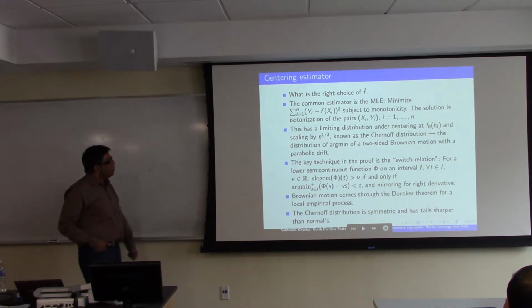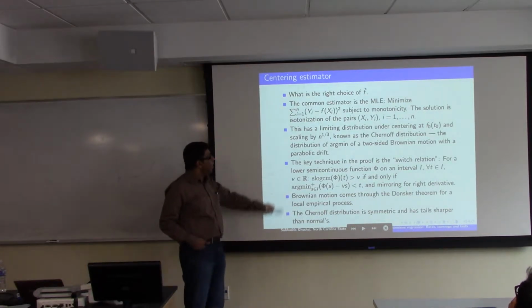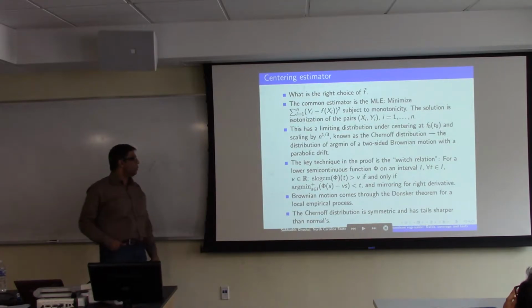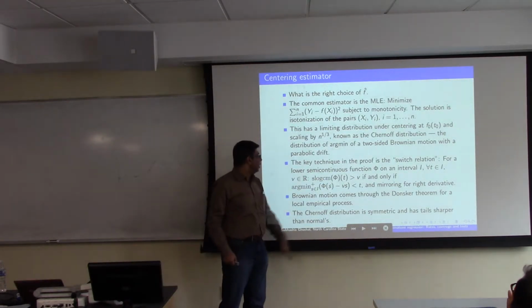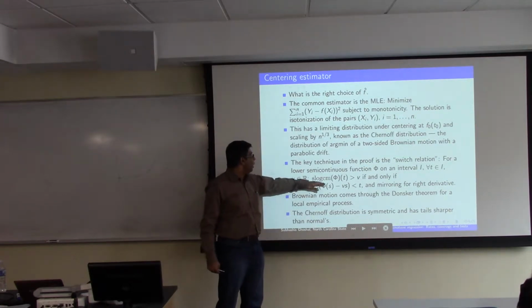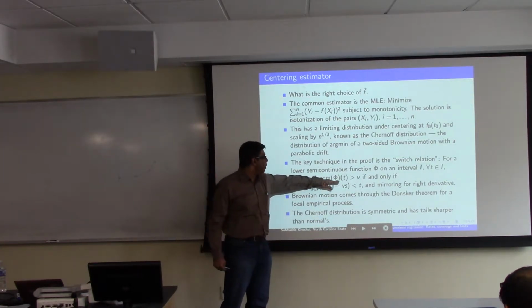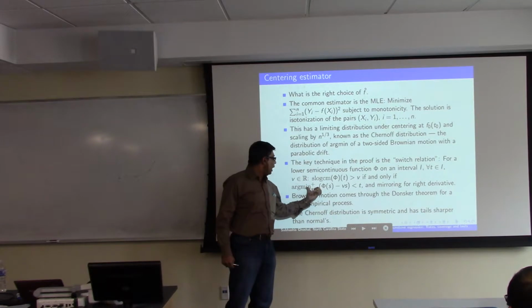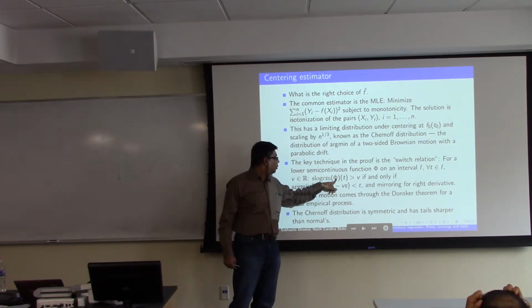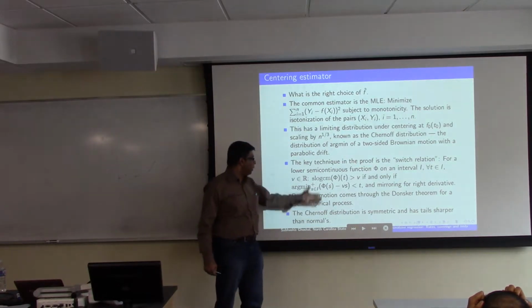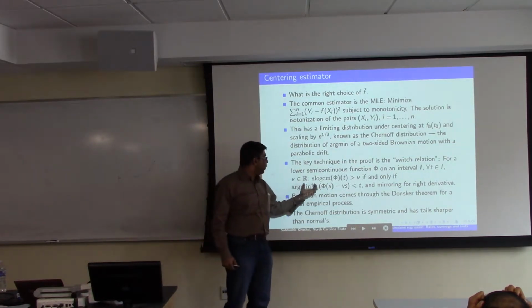And the key technique in the proof is the so-called switch relation that allows you to write events like this: the slope of the greatest convex minorant greater than something in terms of the argmin of this process minus a drift, a linear drift.